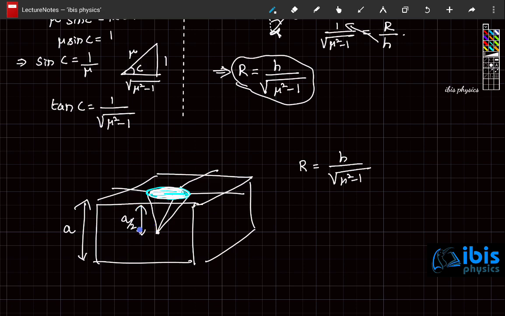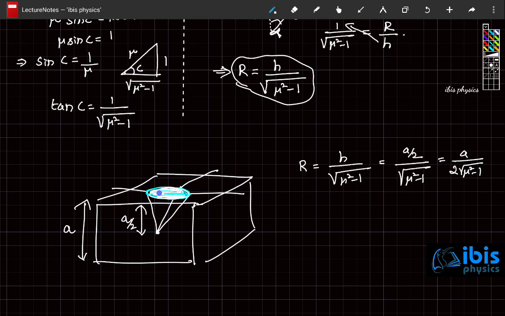Here h is a by 2, since the source is at the center of the cube. So it is a by 2 divided by root of mu square minus 1. This is the radius.